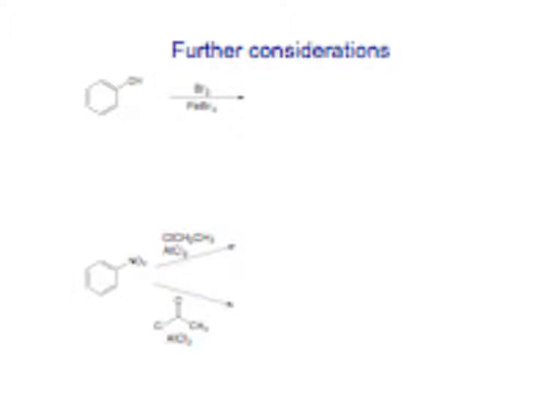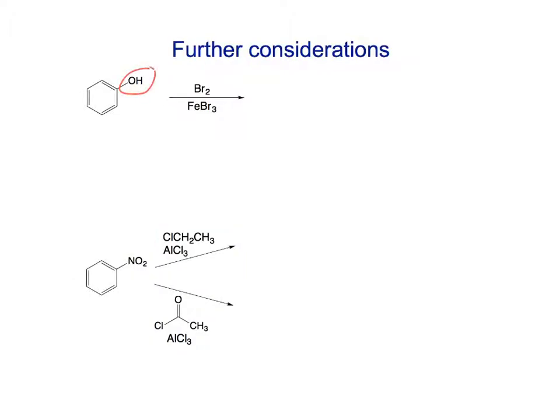There's a couple of further things to think about. If we have phenol with this OH right here, what type of a group was that? Activating or deactivating? Activating. And so what kind of directing? Ortho-para.